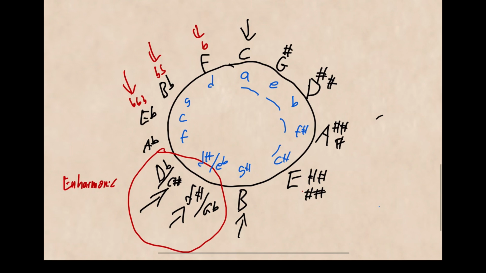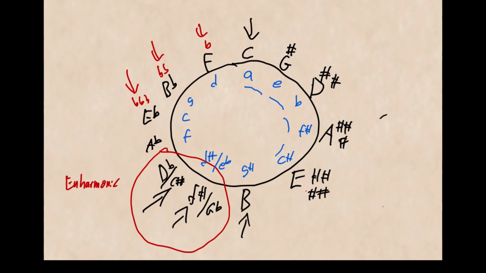Well, I can use it to look up key signatures. If something is in D major, I can refer to the circle of fifths and see that it has two sharps. Or if I see a key signature that has two sharps, I can look at this and know that it's either going to be D major or B minor. I can do that for any key. If I see a key with two flats, and I think to myself, what is that key called?